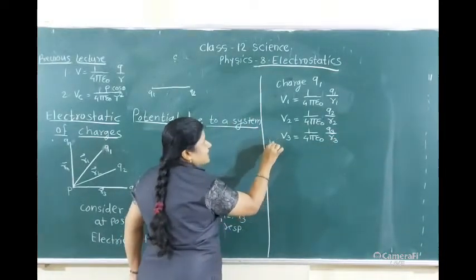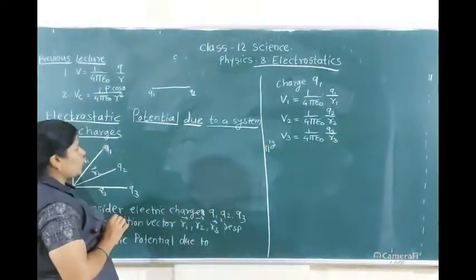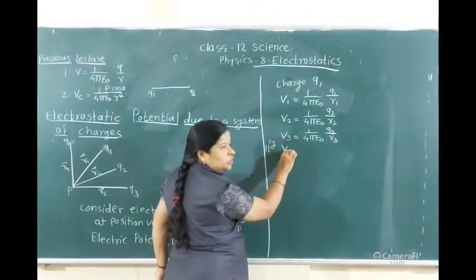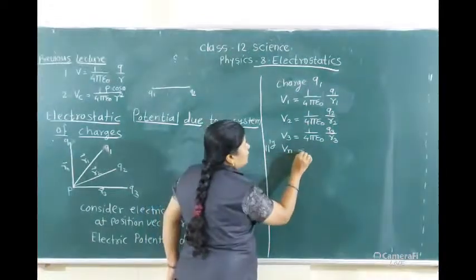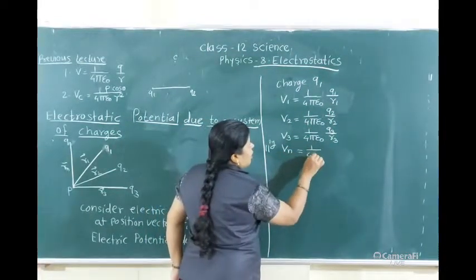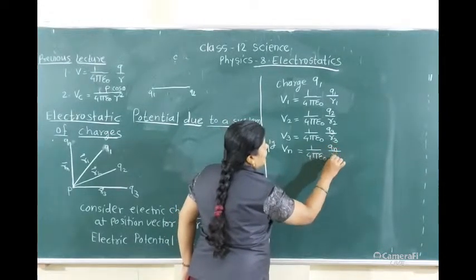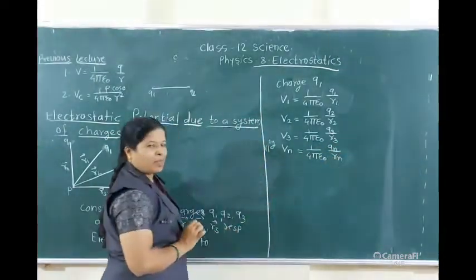Similarly, if there is n charge, say Qn, for that we get the electric potential phi n is equal to 1 upon 4 pi epsilon 0 Qn divided by Rn.